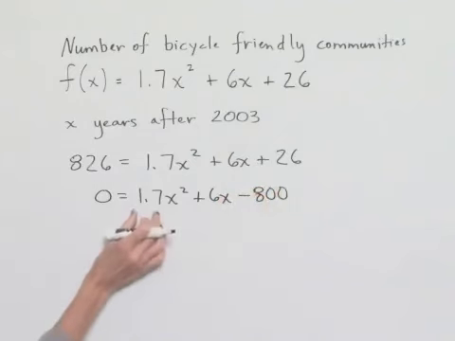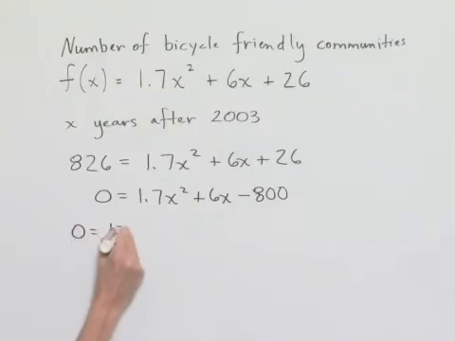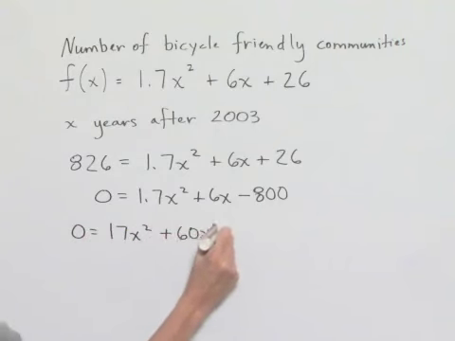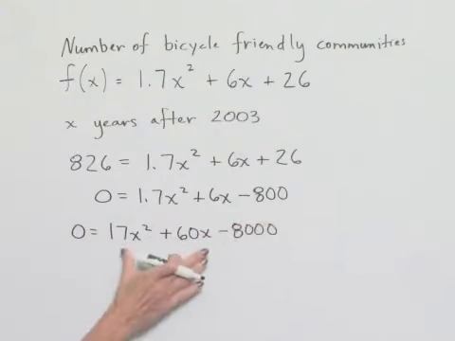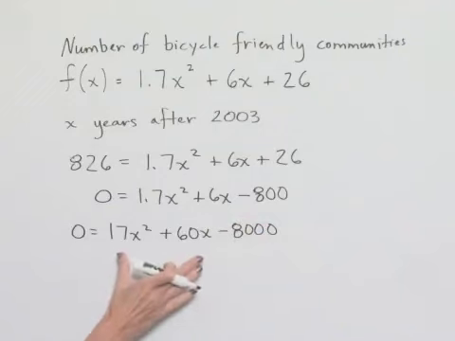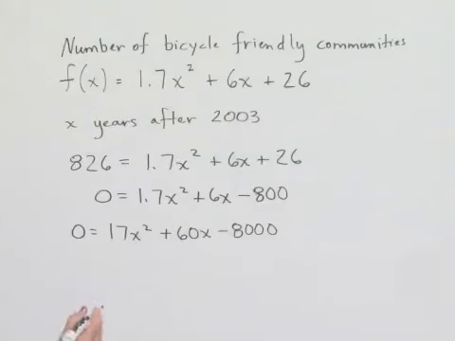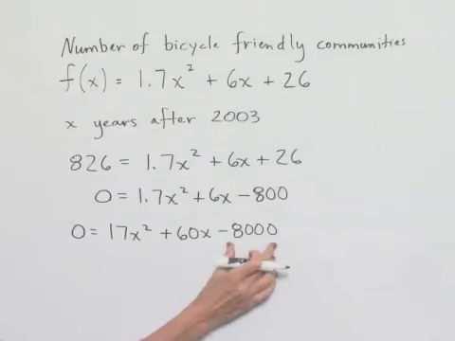Next, we notice that we have a decimal expression here. We can multiply everything by 10 to give us 0 equals 17x squared plus 60x minus 8,000. Now, we might be able to factor this, but if nothing comes to mind readily, then what we would do is resort to the quadratic formula, where our a value is 17, our b value is 60, and our c value is negative 8,000.